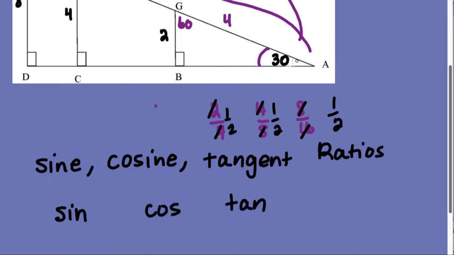And if we're using any of these, we would be asking you for the sine of an angle. So in this case, our reference angle is A. So sine of A, cosine of A, and tangent of A. So these are our 3 ratios, and I'm going to talk to you more about them, okay? All right. Let me move on to the next page so I can key you in on those 3 ratios.